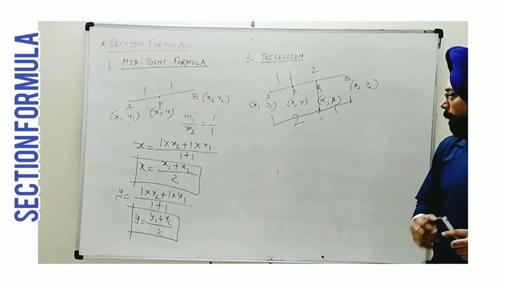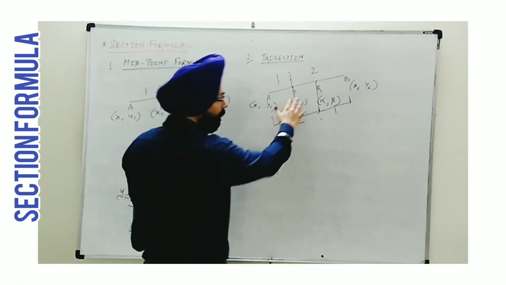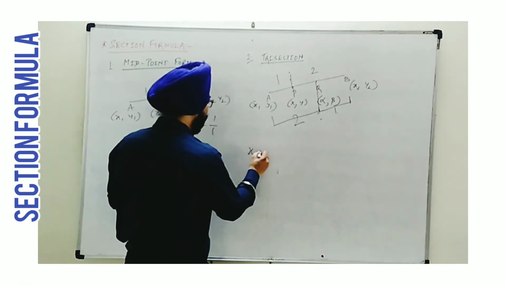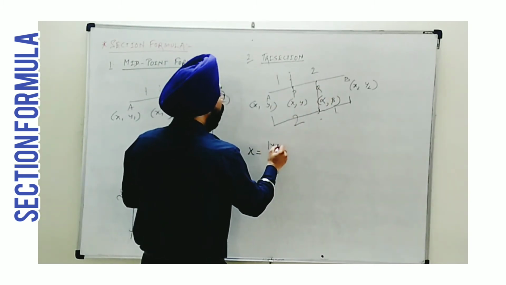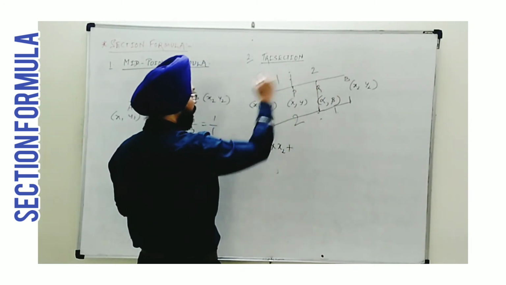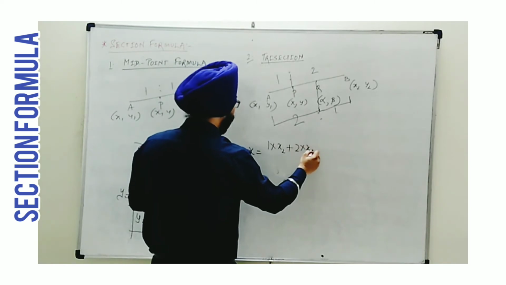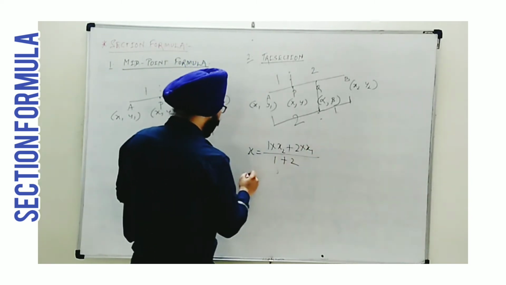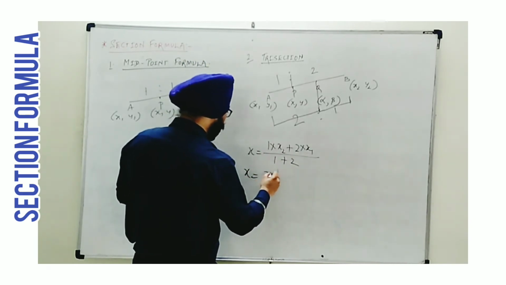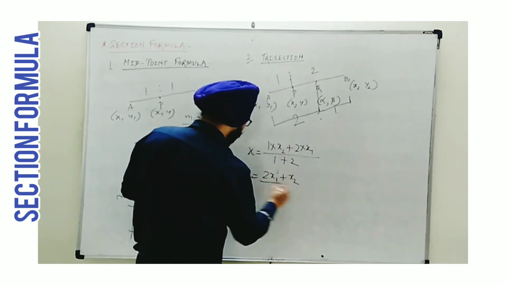What does it mean? Means we will write the coordinates of P as (x, y). x will be written as (m1 x2 plus m2 x1) upon (m1 plus m2), means 1 into x2 plus 2 into x1 upon 1 plus 2. So here x will be obtained as (2x1 plus x2) upon 3.